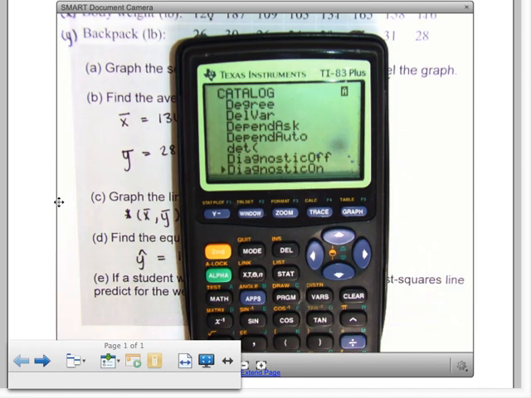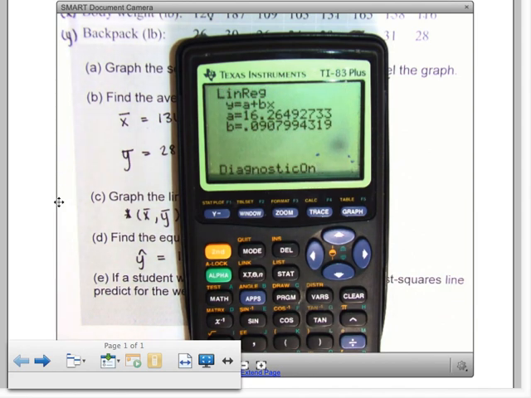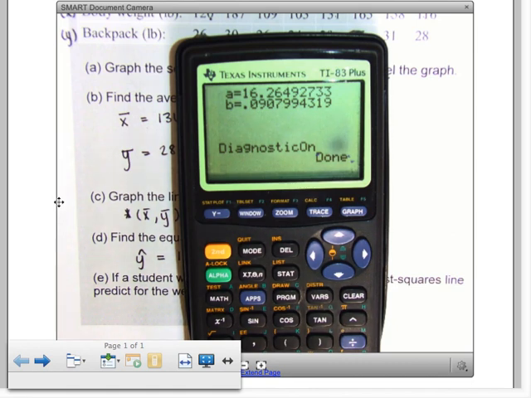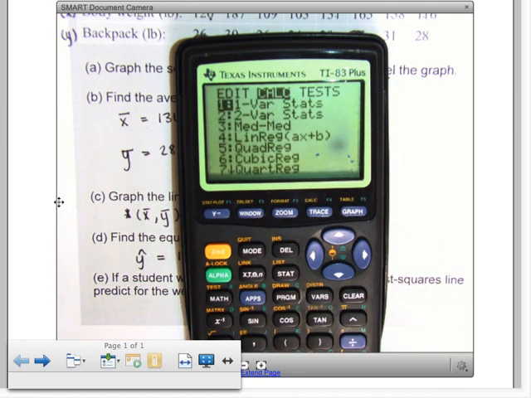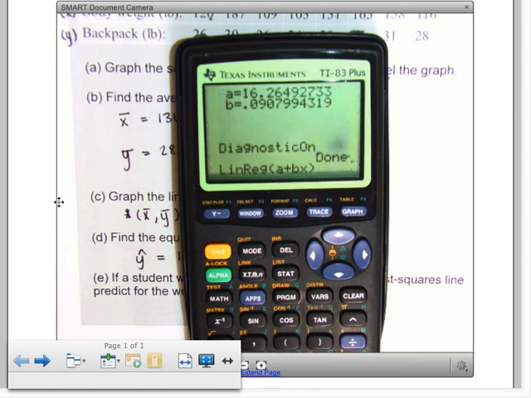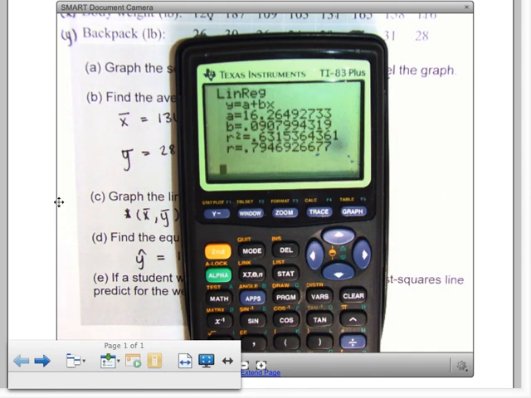Okay, once you get there, hit Enter, and then hit Enter one more time so that it says Done. Now if we repeat those steps, it should show up. So if we go to Stat, over to Calc, hit the 8, and hit Enter, now we have our r squared and r. So since you already did this once, r squared and r should stay, but if it does not, just remember to go to second 0.